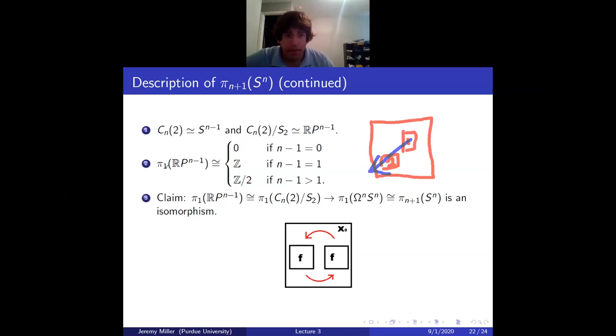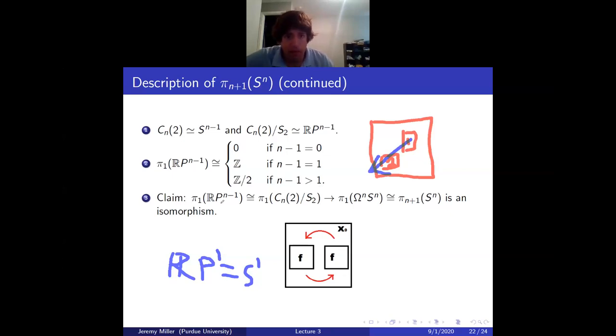Okay, so then the next comment is that pi 1 of RP^(n-1) is 0 when n minus 1 is 0. It's Z when n minus 1 is 1, because remember RP1 is S1, and it's Z mod 2 otherwise.